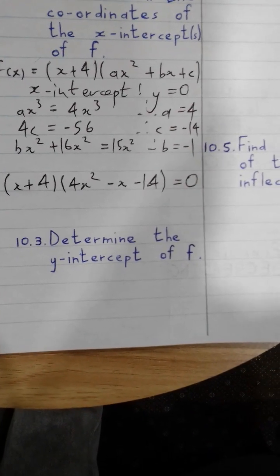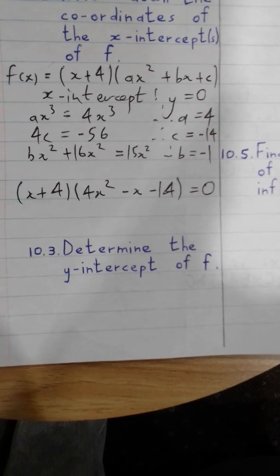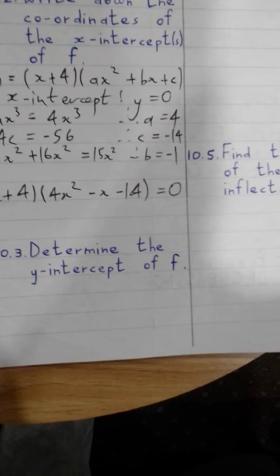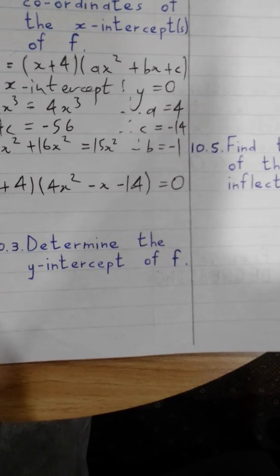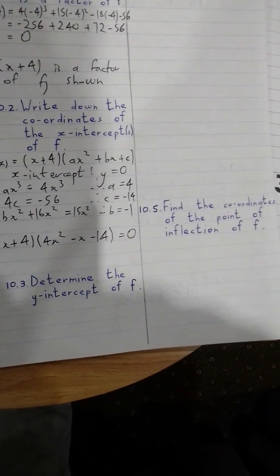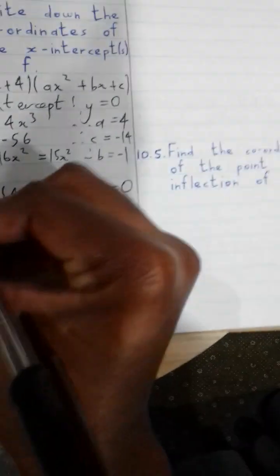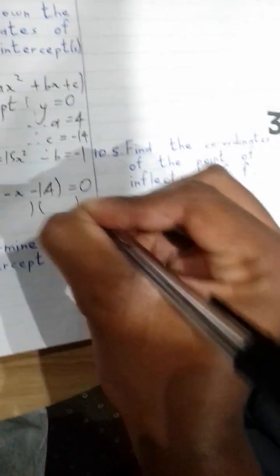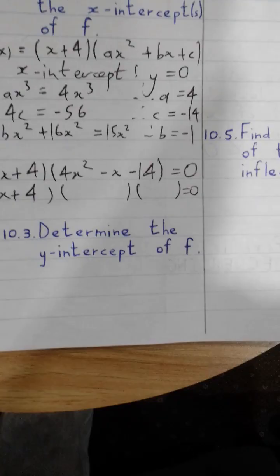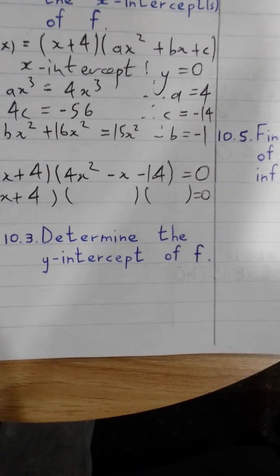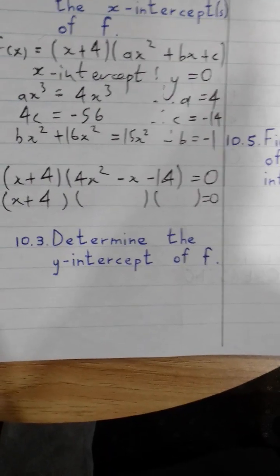Factors of 14, 2 times 7. Let me see, x plus 4. 14 minus 4 times 1 is 10.